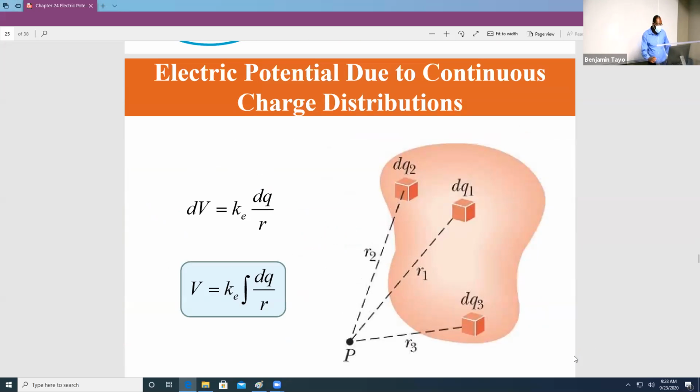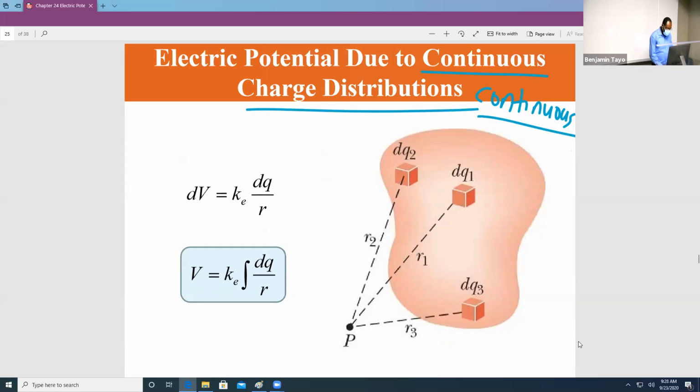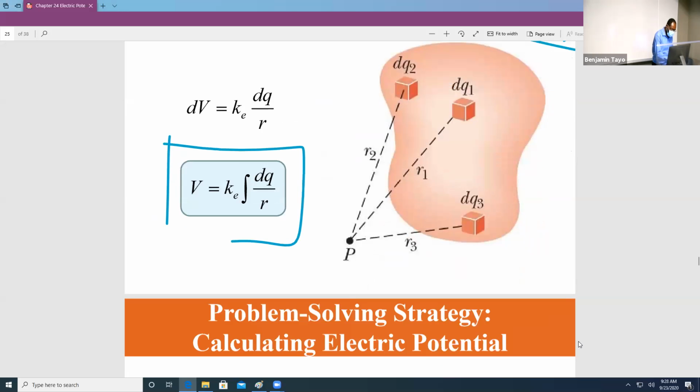So now we're going to look at the potential from a continuous charge, and basically it's just this equation right here.